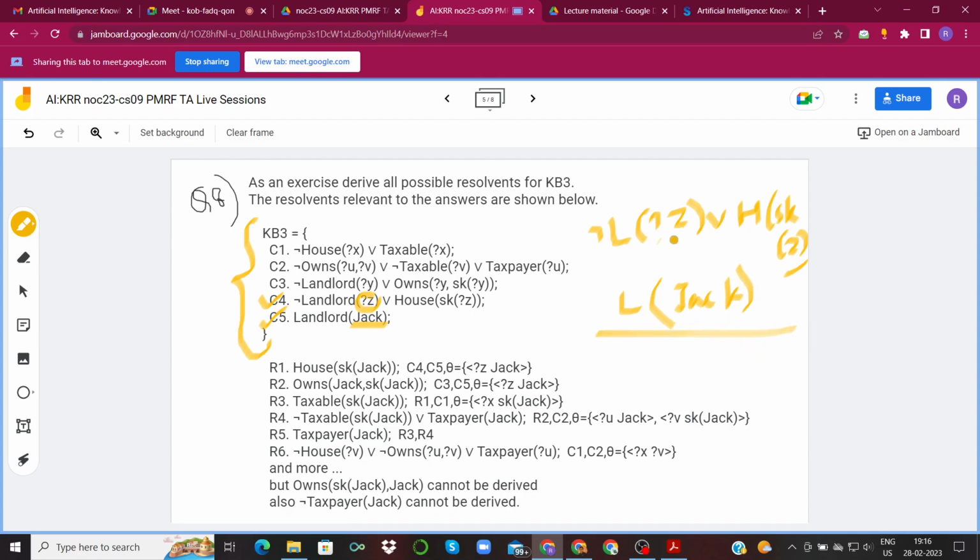We substitute this variable Z with Jack, and we use disjunctive syllogism and arrive at house of SK Jack. That is what is written over here. That is the first resolvent that we have.